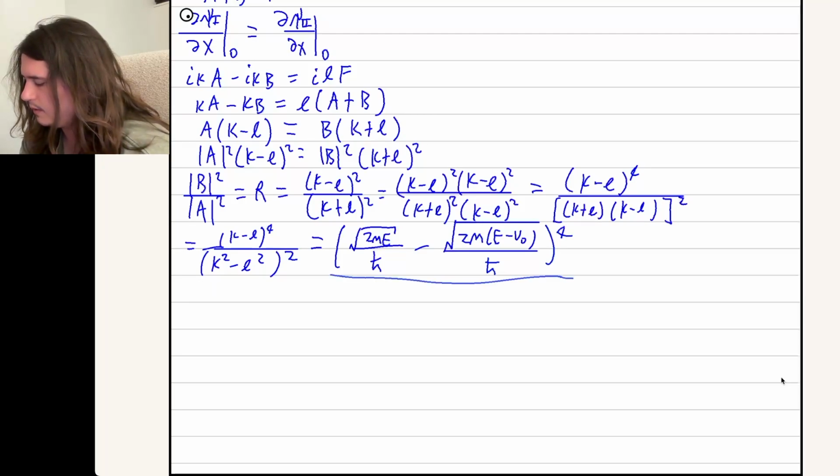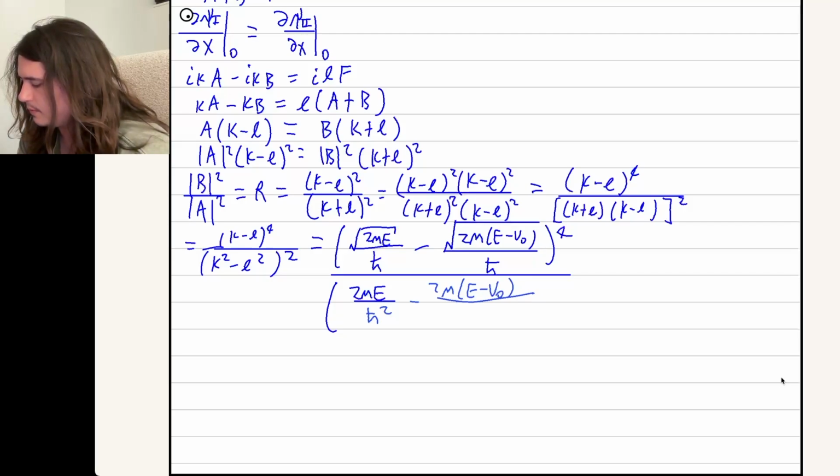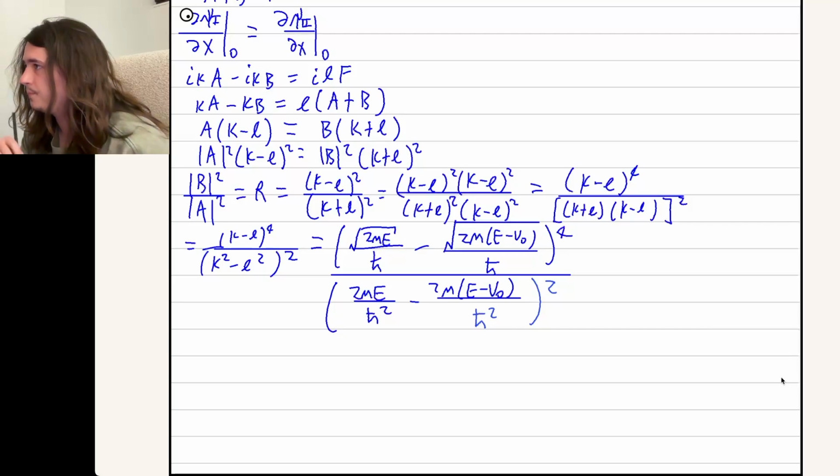And then k squared was 2mE over h bar squared, and l squared was 2m(E minus V naught) over h bar squared, and it's all squared.